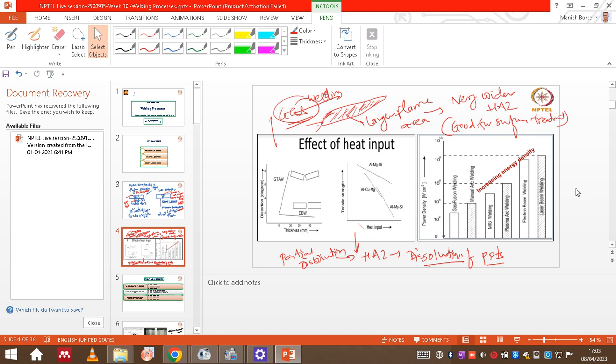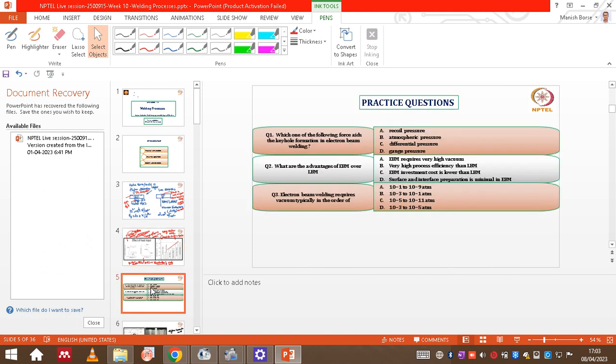In continuation of the last live session, we will again look at another power beam process, electron beam welding.